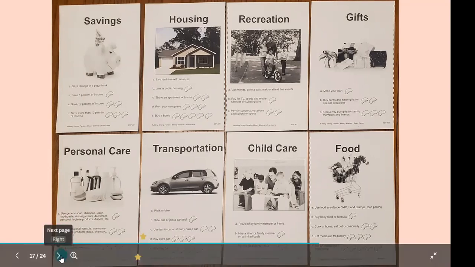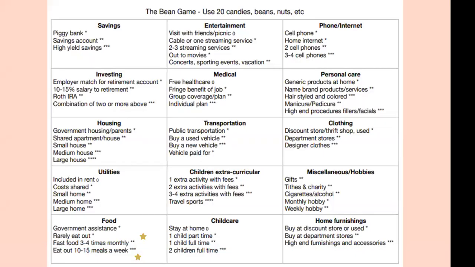Okay, so for an online version of the bean game, this again shows the categories of spending for your typical household expenses. In this case, we're going to stay in one group today, but an option you could do is arrange breakout rooms according to family groups, and have people go into breakout rooms and work together.